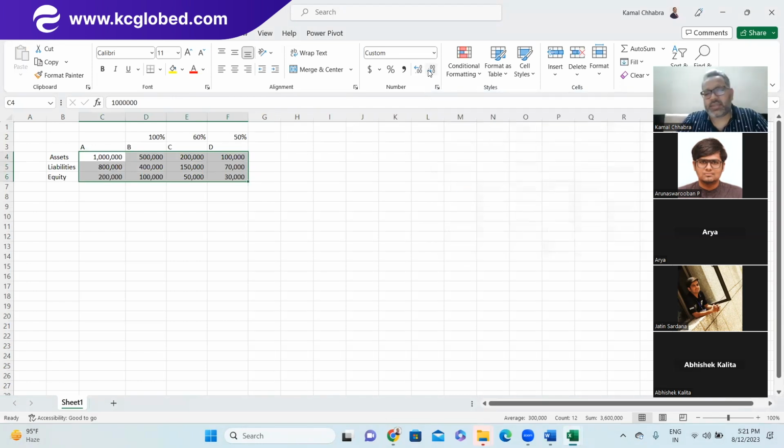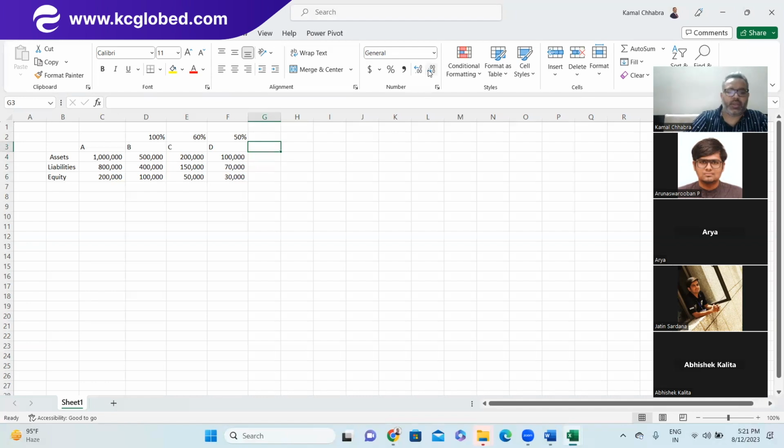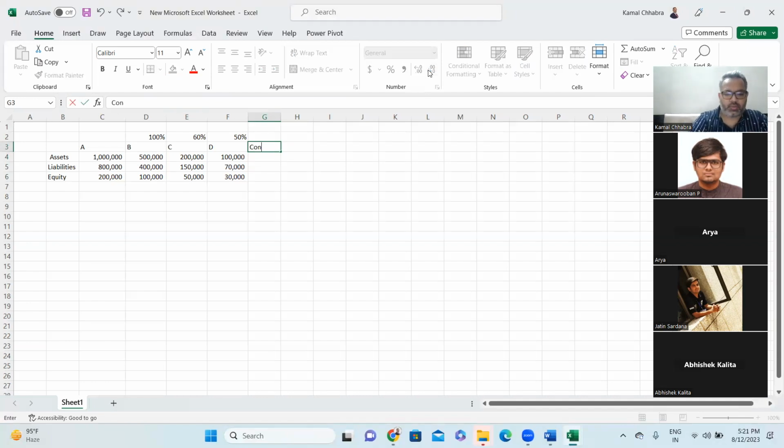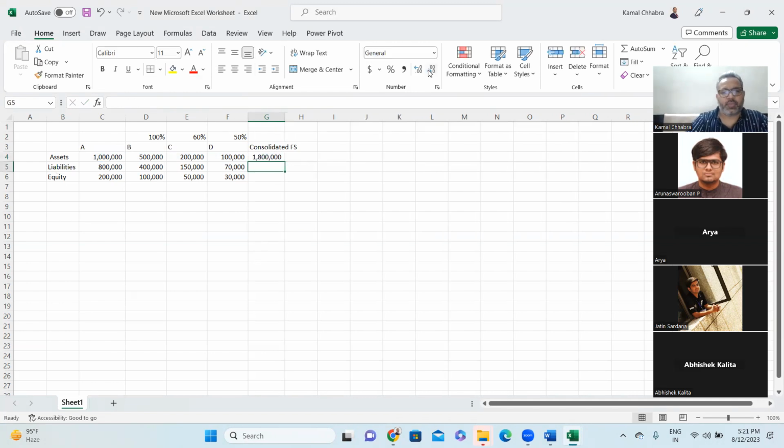Now you need to make a consolidated financial statement of A Limited, right? So what will be the consolidated financial statement of A Limited? Here you say this will be equal to the sum of the assets, the sum of the liabilities, and then what is the equity they have? Their own equity.